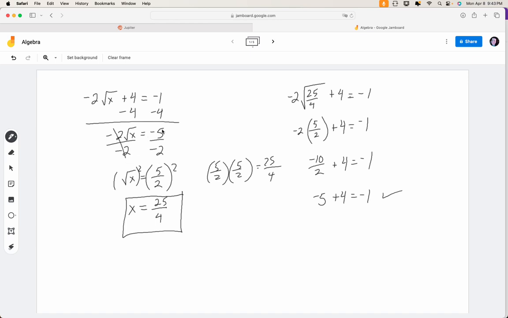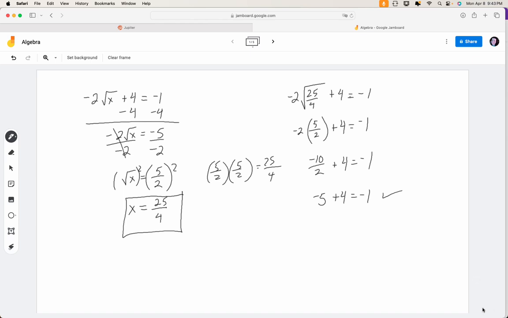So then this becomes a positive because you have negative over negative. Then we squared both sides to get rid of the radical sign, which gave us x by itself and 25 over 4. So just take your time, okay? Breathe through it and just think, what is my next logical step? What can I undo next and apply it?